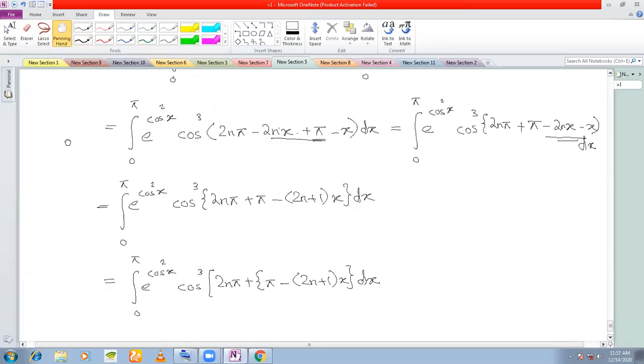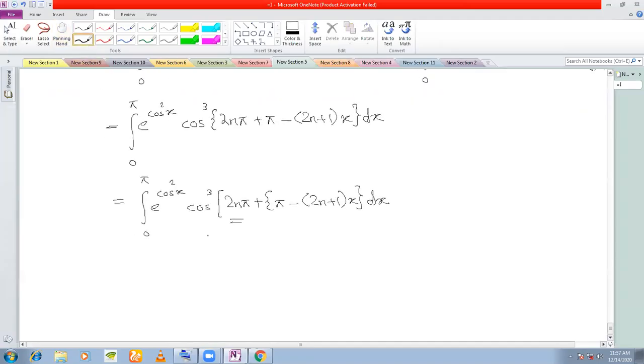You have a 2n pi here. 2n pi means 2n times pi, that means full rotations, plus something means the first quadrant. There's something to understand here from your class 11 knowledge: after every 2 pi rotation, 2 pi plus something will be in the first quadrant. So therefore this entire angle is in the first quadrant.